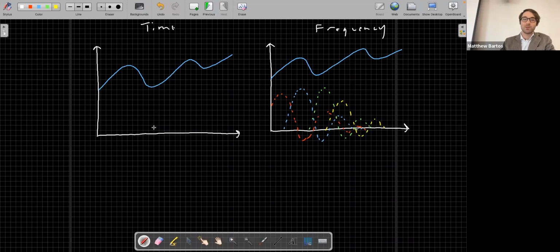In the time domain, we were in the basis of Dirac deltas. Remember that I showed you that any function in the time domain can be written by a train of Dirac deltas or an infinite sum of Dirac deltas. So what we're doing when we're taking the Laplace transform is we're taking that function in the basis of Dirac deltas and we're rewriting it in the basis of complex exponentials.